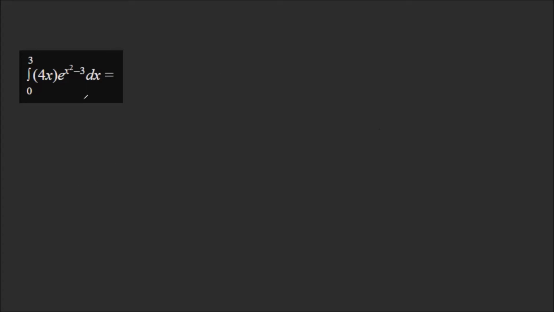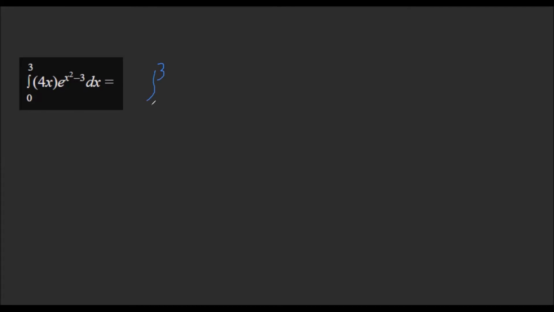But let's move on to this problem here. It looks quite difficult, but let's just equate it to something simpler. 2 times 2x e to the power of x squared minus 3. And when declaring the u value, you should always essentially differentiate it, and then don't worry about any of the constants. Simply look at the values.